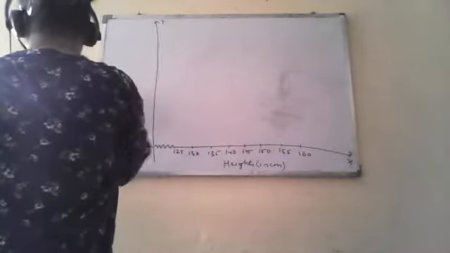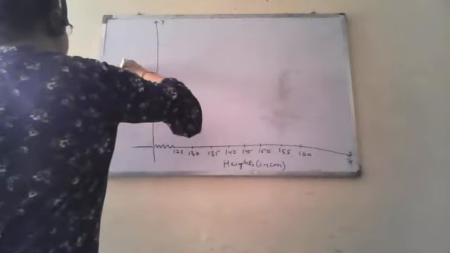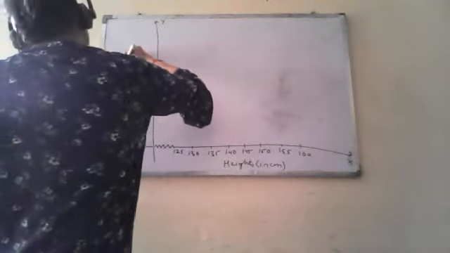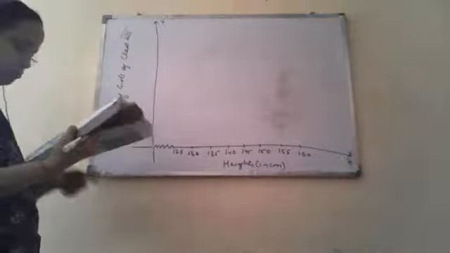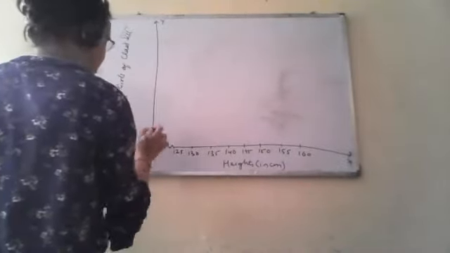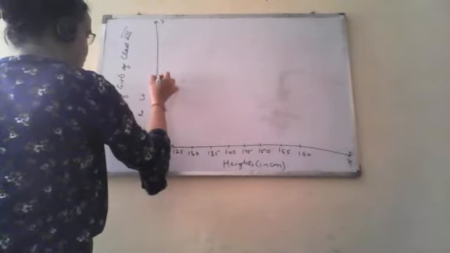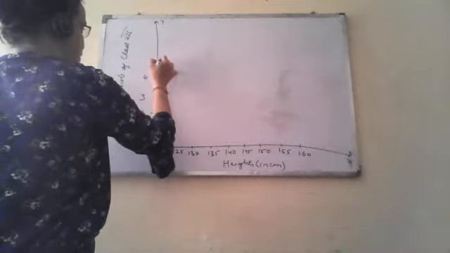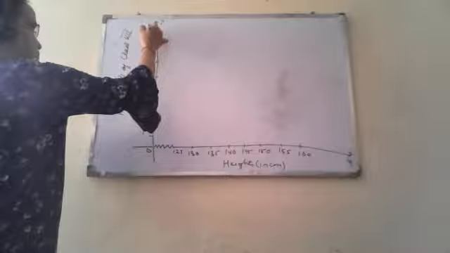Okay, and on the y-axis we have taken the number of girls of class 7, and the values are like this: 1, 2, 3, 4, 5, 6, 7.